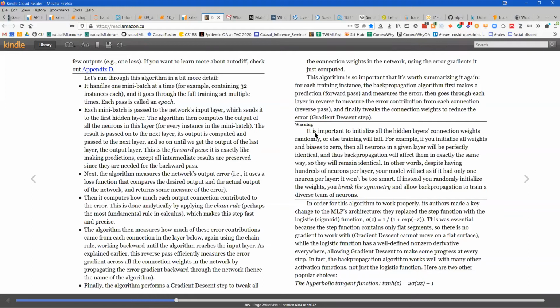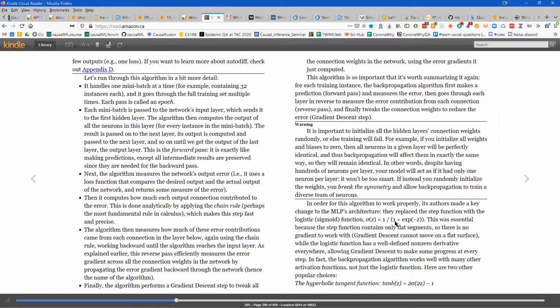And then here's where he mentions the fact that you always have to start somewhere with your weights. It's a bad idea to start them with all 0s or all 1s or all 5s or whatever. The idea is that you have to randomly initialize the weights in some way.